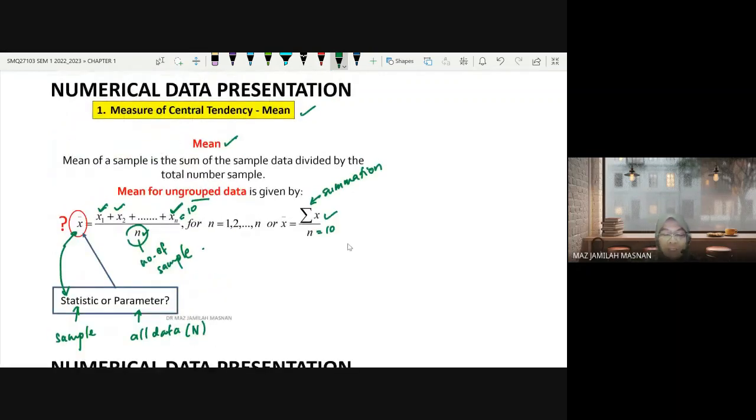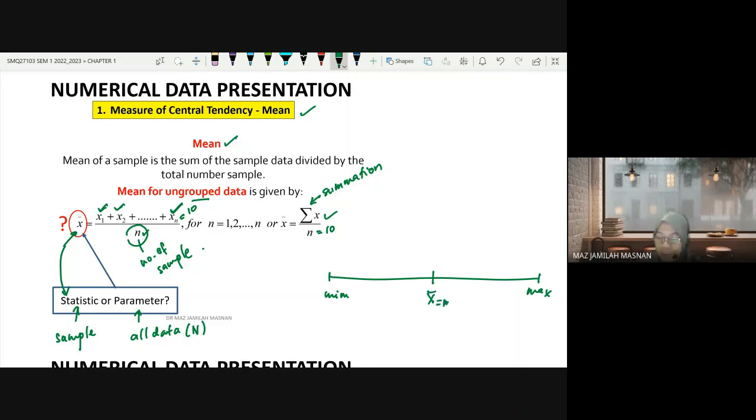Now, what is the difference between the mean and the median? Imagine your data from the minimum value to the maximum value. Where is your X bar located? Most of the time, your X bar will be located in the middle.